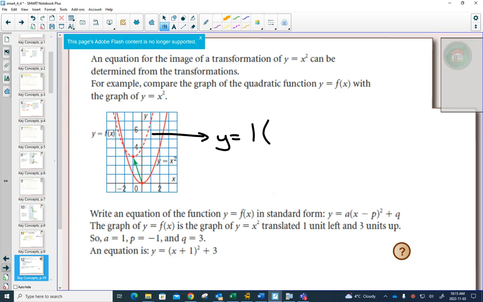The vertex is at negative 1, 4. So it's moved 1 to the left and 4 up. And I just wrote the equation for that dotted line, knowing the patterns. It has to be a positive 1 because it's opening up. It's a 1 because it's the same width as my regular x squared graph. Goes over 1, up 1, over 1, up 3.